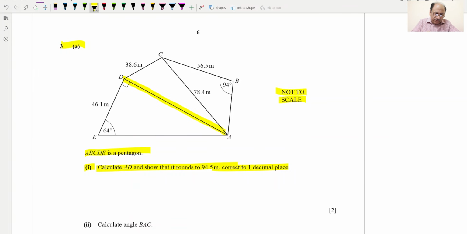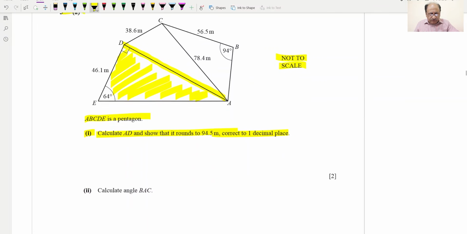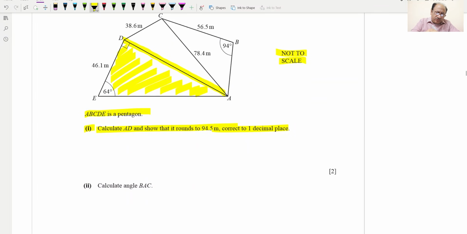Basically we'll be considering this right angle triangle, and in this right angle triangle we have adjacent, and this will be opposite AD. So we can write AD over ED, this will be sine, this will be cos, and this will be basically tan.